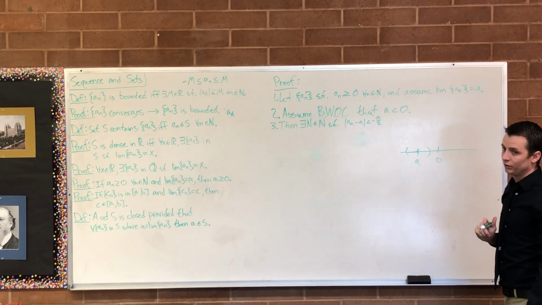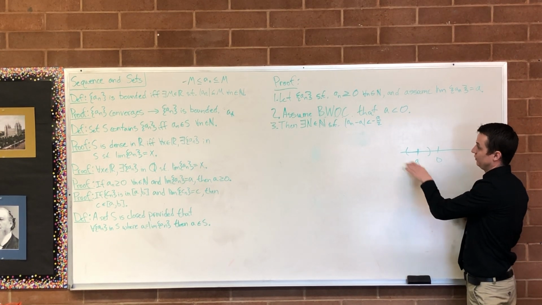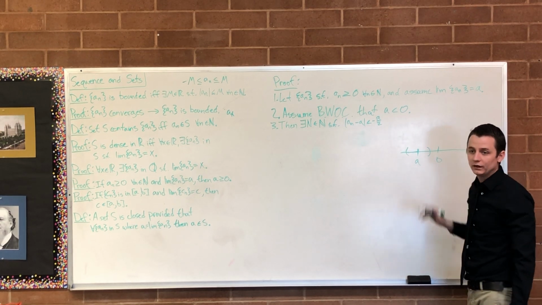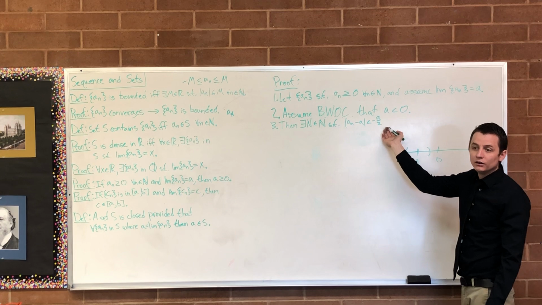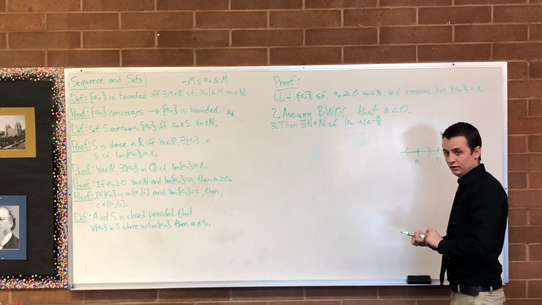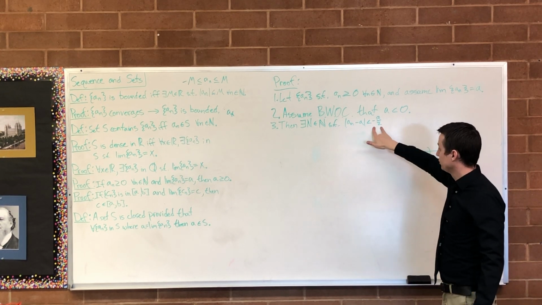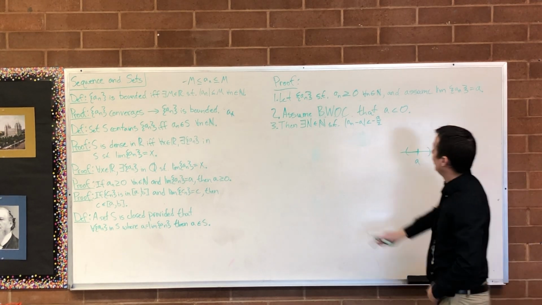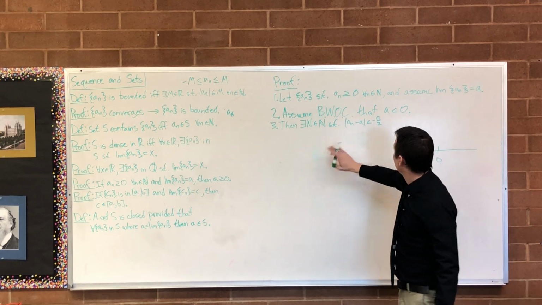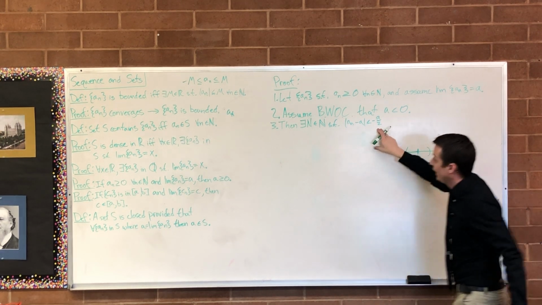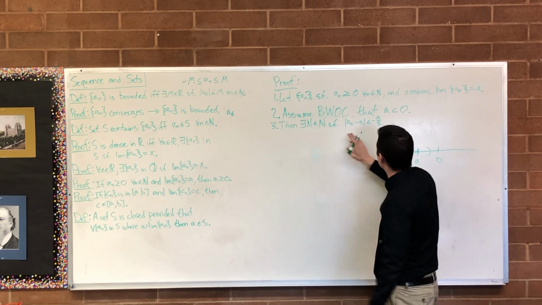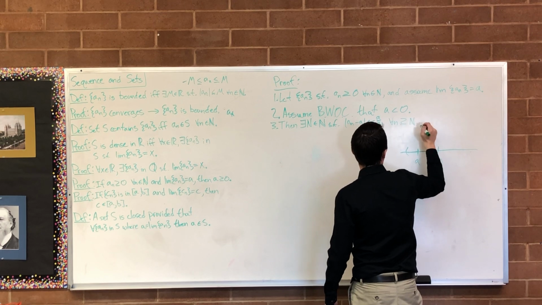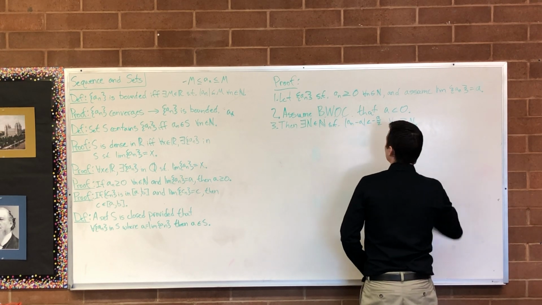So that's big picture how we're going with this. And yeah, since A is negative, I can only do less than a positive number, so I pick negative A halves, or the absolute value of A halves. Same thing. Right? Positive number? You good with this as a positive number? Yes. Okay. So, since a_n converges to A, then for any positive number I pick, namely negative A halves, there exists some index in the sequence such that this is true for all n greater than or equal to N. Okay.